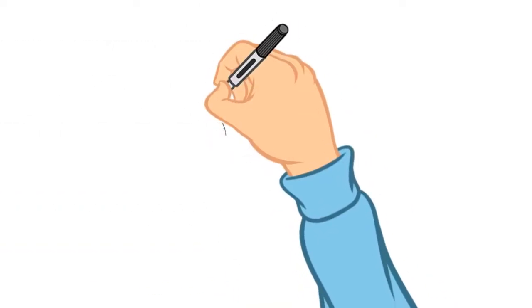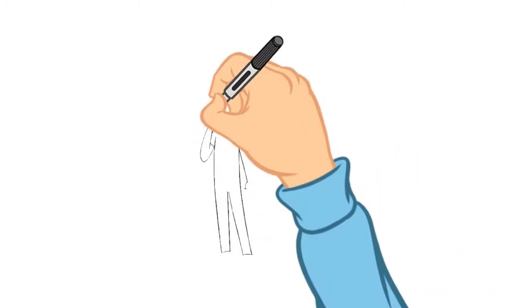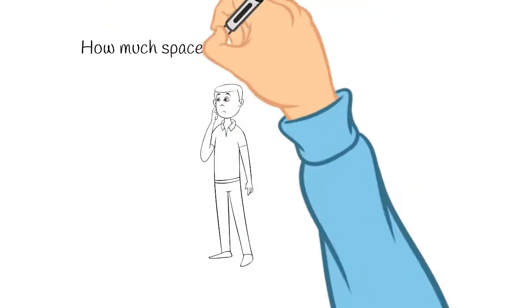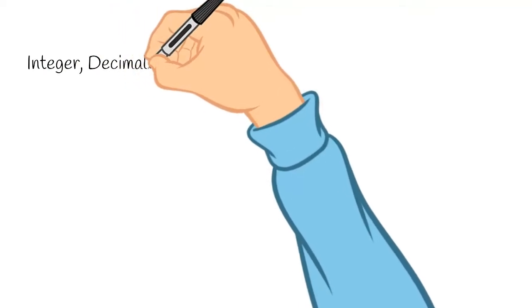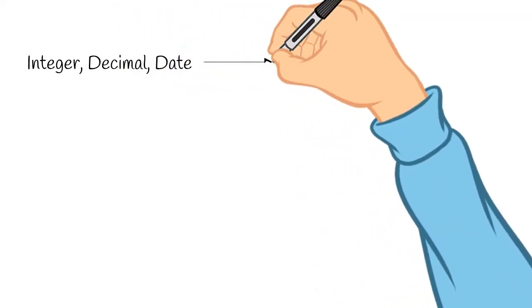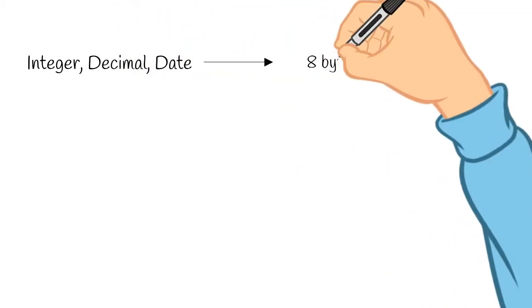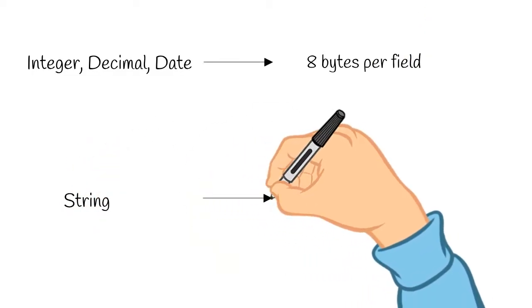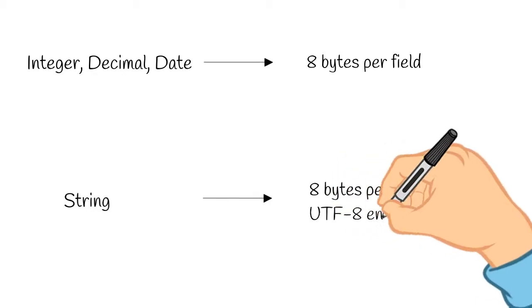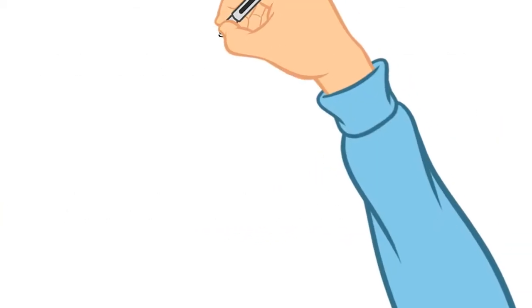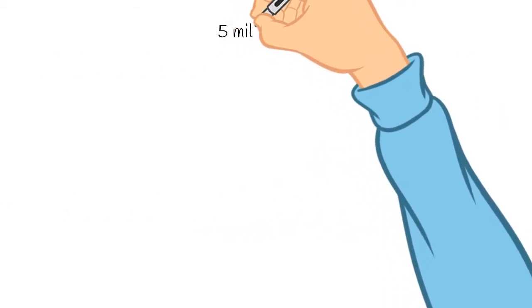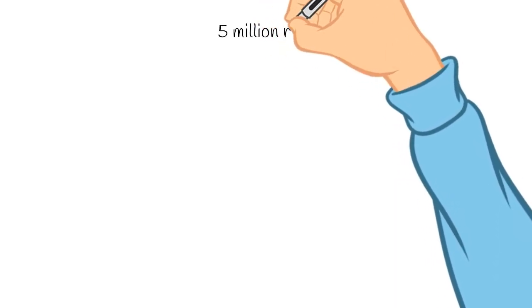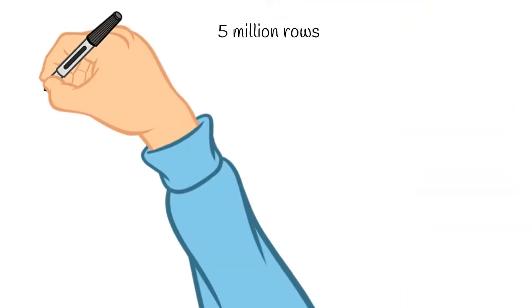Well, how do you plan your capacity for SPICE? There's a formula for that. SPICE needs 8 bytes per field for decimal, int, and date fields. For each string field, SPICE needs 8 bytes plus the UTF-8 encoded character length. So let's say your data contains a table with 5 million rows that you want to import to SPICE.